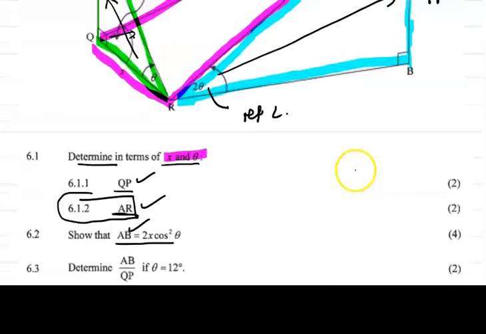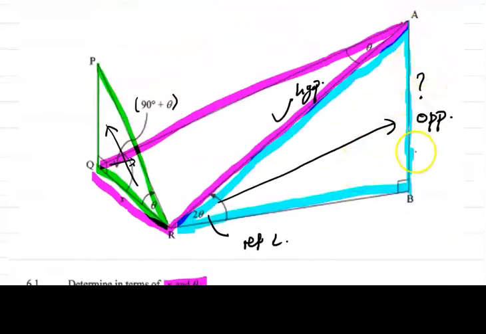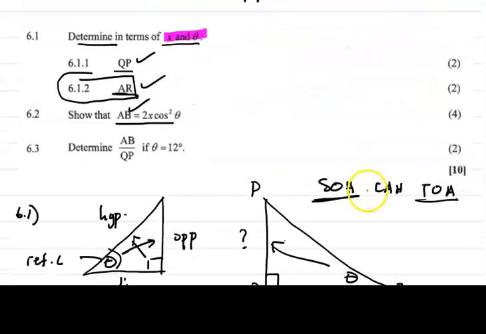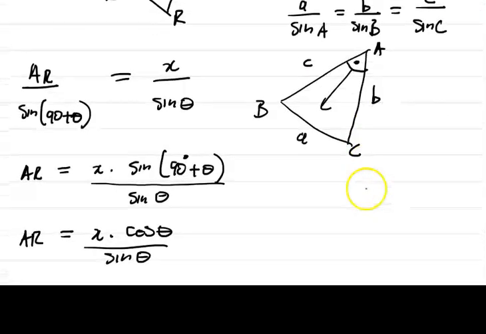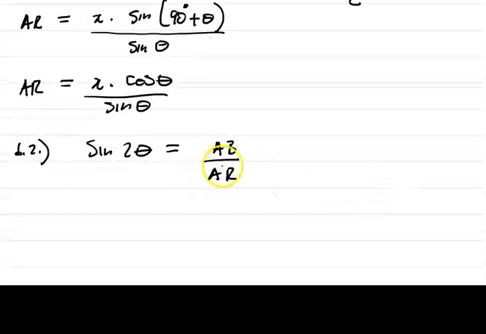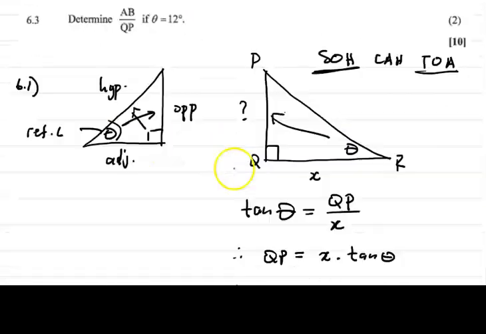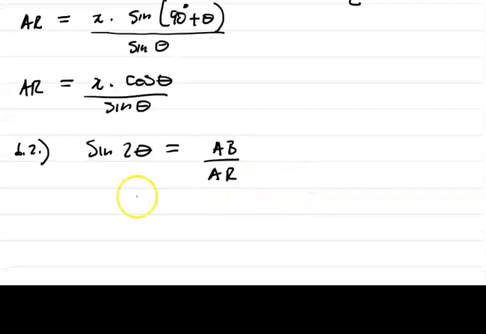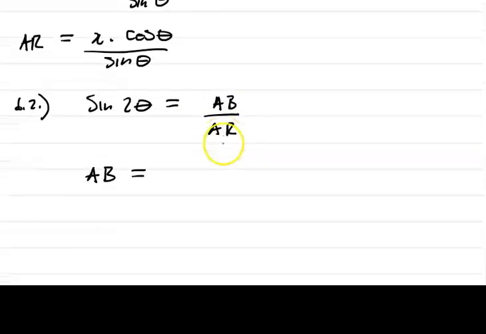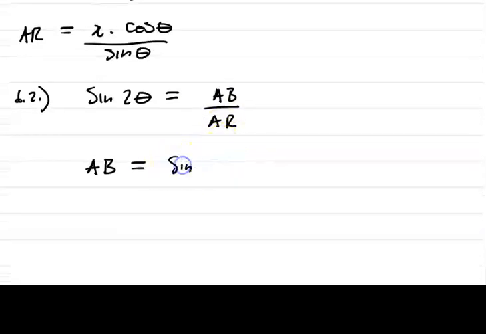Let's just go double check that. AB, there it is here, and AR, right? So now let's make AB the subject of our equation. So now we're going to say AB. If we just do a simple cross multiplication there, AB is going to equal sine of 2 theta times AR. Let's go and substitute AR.